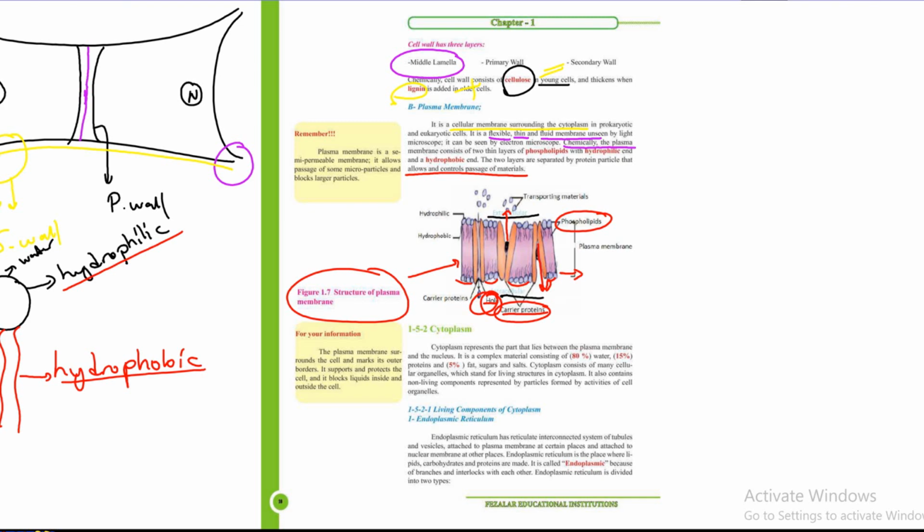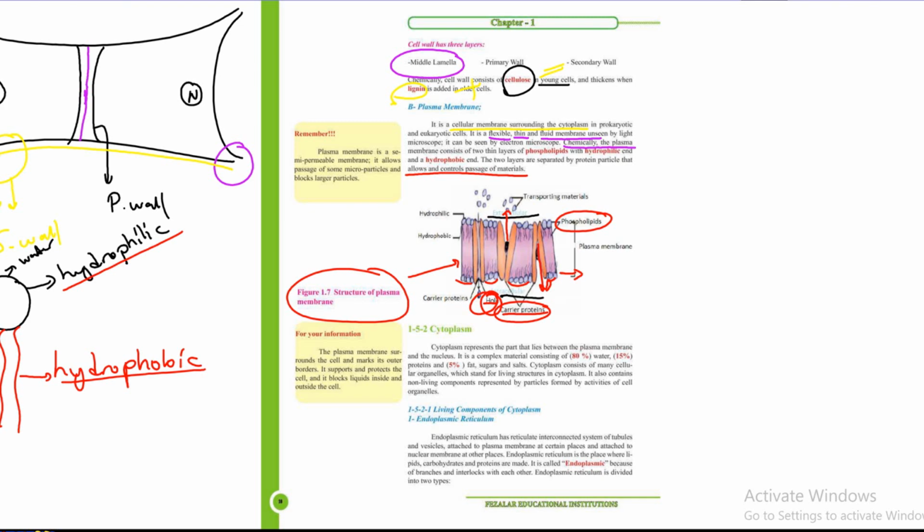For this information, we need to know how to compare the plasma membrane with the cell wall according to their location, structure, and function. In location, the cell wall covers the plasma membrane in the plant cell, while the plasma membrane is common to plant cells and animal cells. The cell wall supports and protects the cytoplasm, but the plasma membrane provides material exchange into and out of the cell.